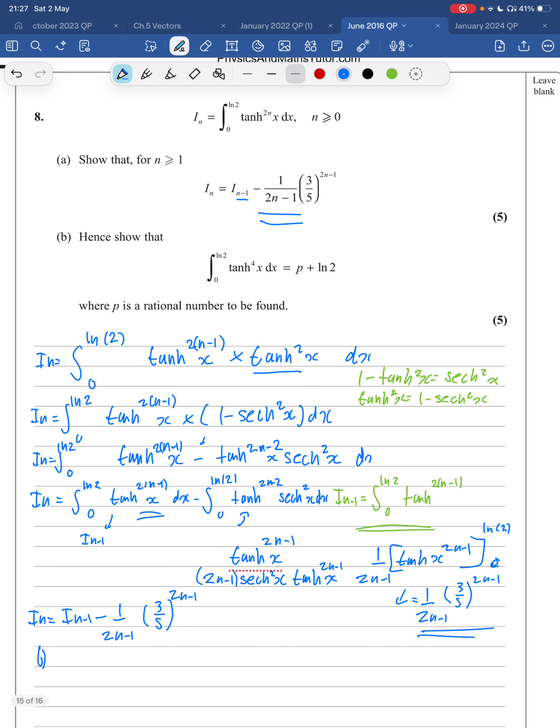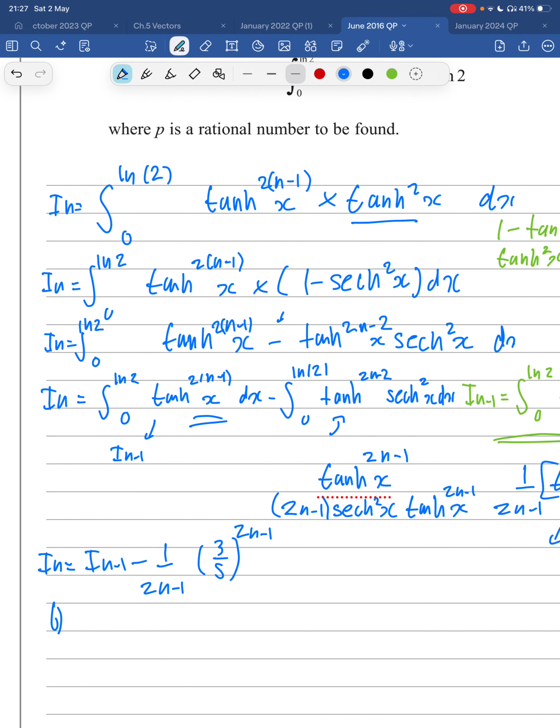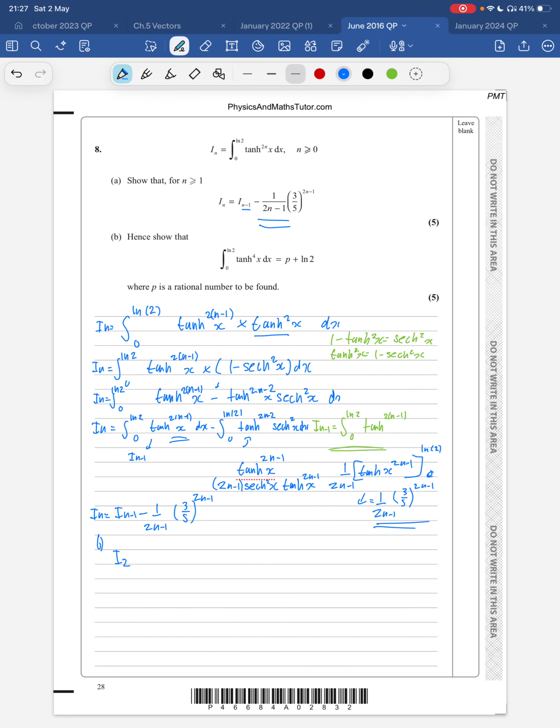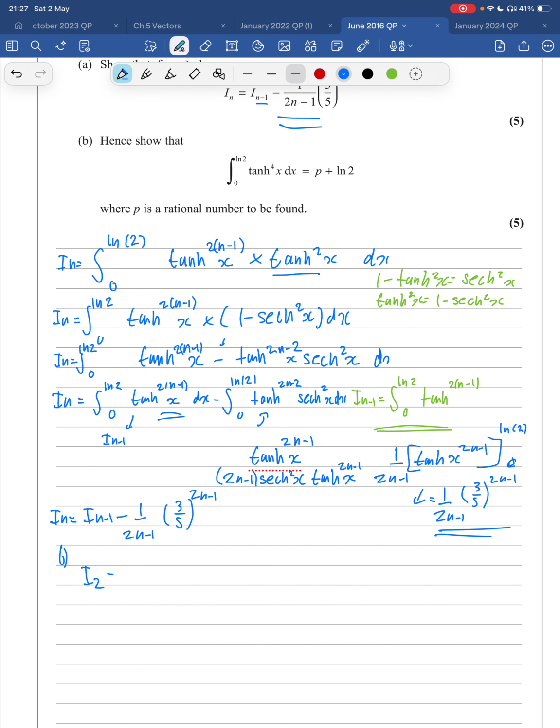We just know that n needs to equal 4. So really what we're looking for is I_4. If we're going to solve I_4, we plug that in. We get I_2 minus 1 over 4 minus 1, which is 3, times (3/5)^3.